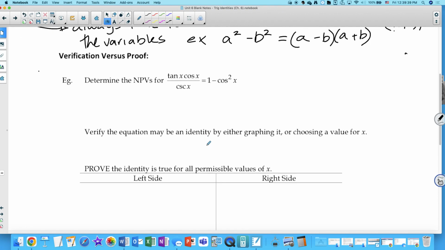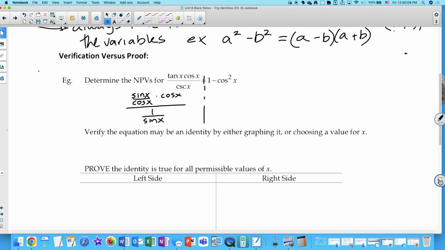Okay? So what I like to do is convert everything to sine and cosine and then see where I'm at. Based on the denominators that I see, I can get my non-permissibles from there. So I would take the tan x and write that as sine x over cosine x, times cosine x over, and cosecant x is 1 over sine x.